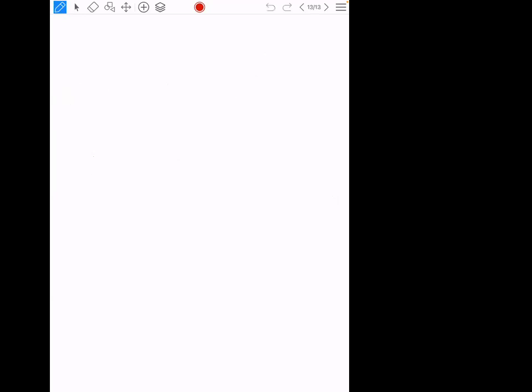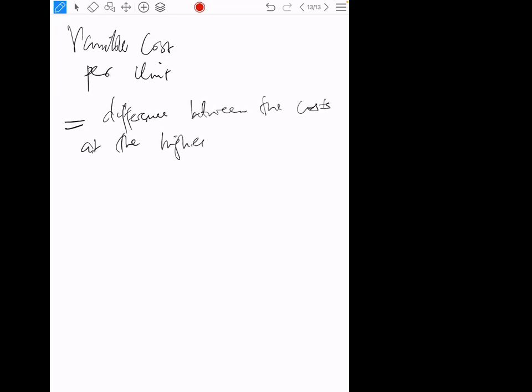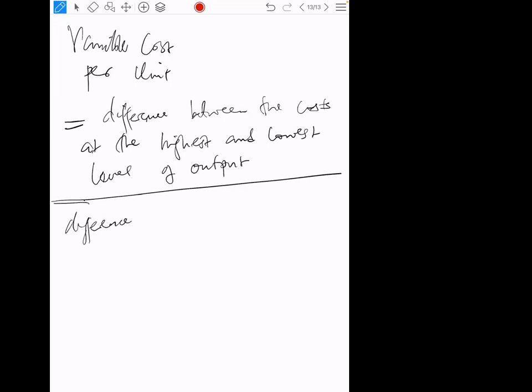The formula for that, using the high-low method, is: variable costs per unit, which you use only when you have got mixed cost before you, is equal to the difference between the costs at the highest and lowest level of output, divided by the difference between the highest and the lowest output.